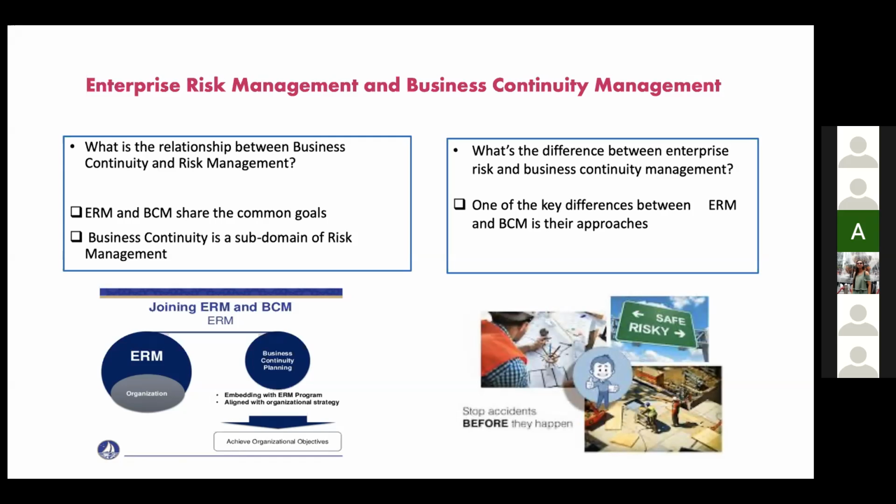So, the first point is here: ERM and BCM share the common goals of identifying, assessing, and managing interruption risks that could prevent achievement of their strategic objectives. The relationship between business continuity and risk management depends on the organization. In most cases, business continuity is a subdomain of risk management.